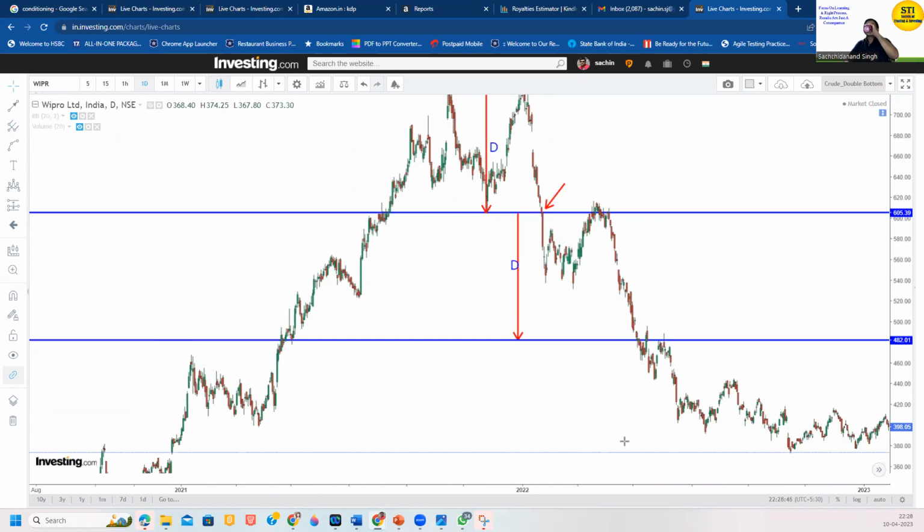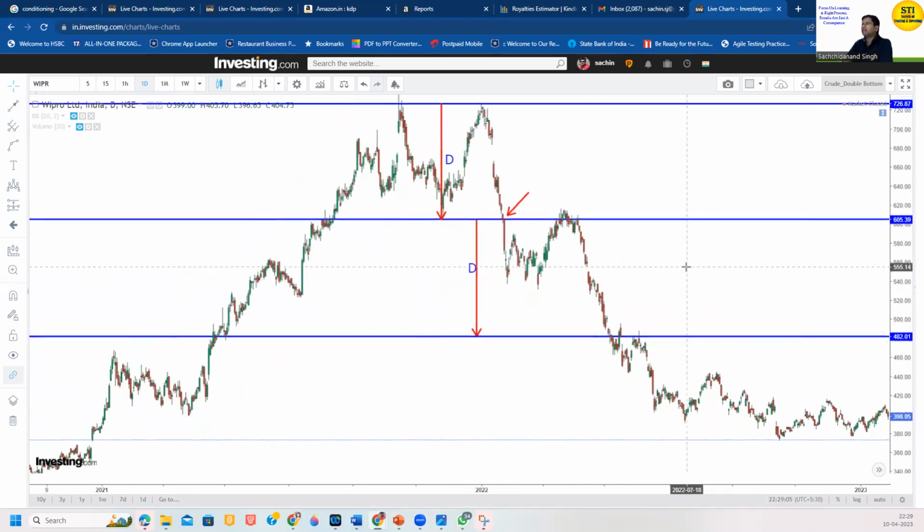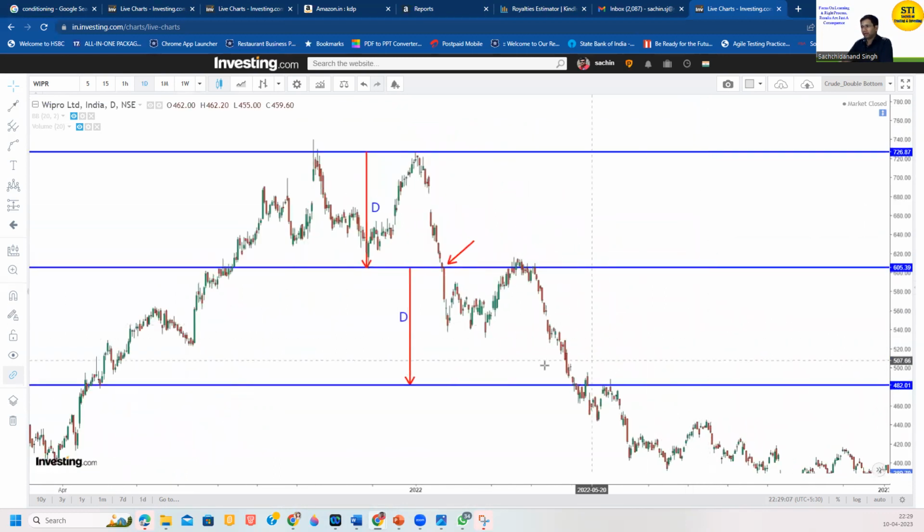So this is the second example, and this second example is again a bearish reversal. That means after the reversal of the pattern, the chart is going to be bearish, or the movement of the price is going to be bearish.